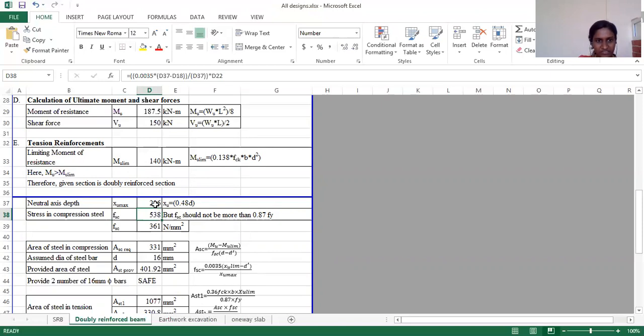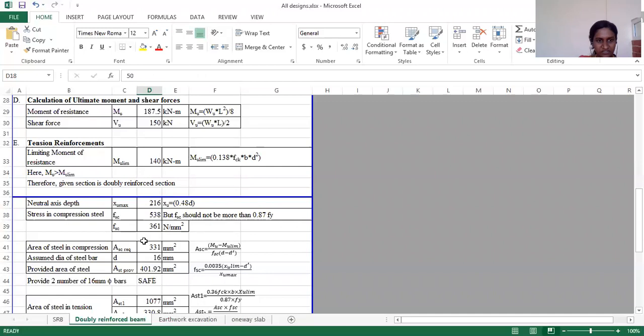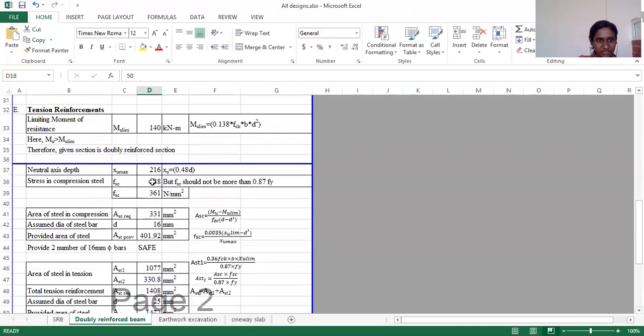Xu max is here in D37, and d dash is 50, we know, it is in the top. Divided by Xu max, again we have Xu max in D37 only. So after that you will get 538.